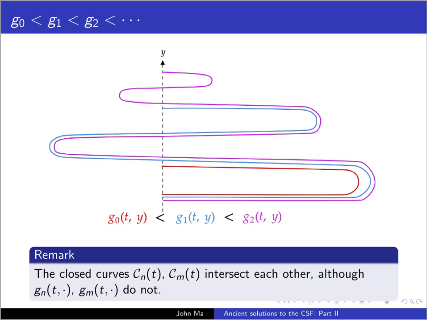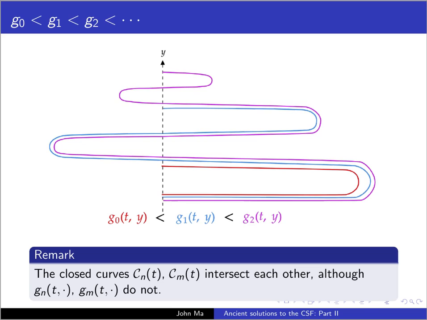And this Gn is just a sequence of increasing functions. So at the end of the day, we're going to take the limit of this Gn.